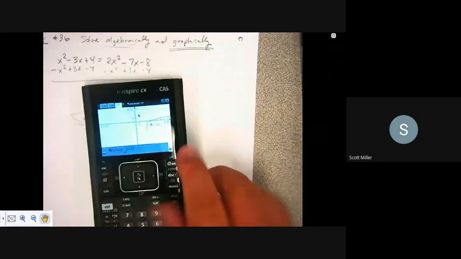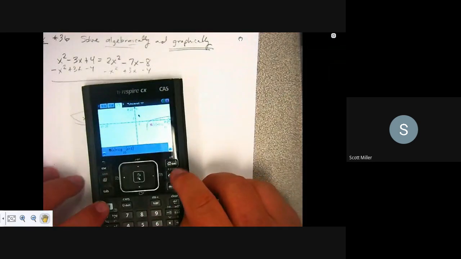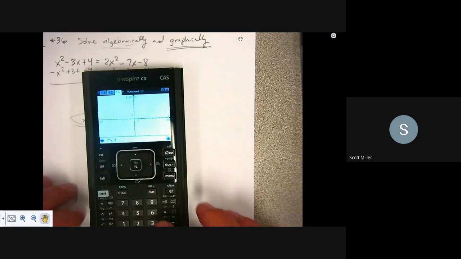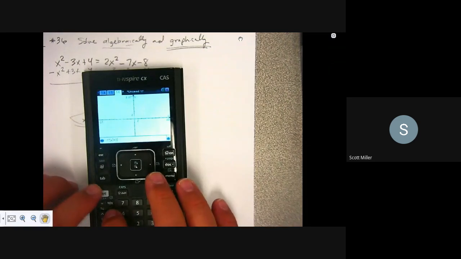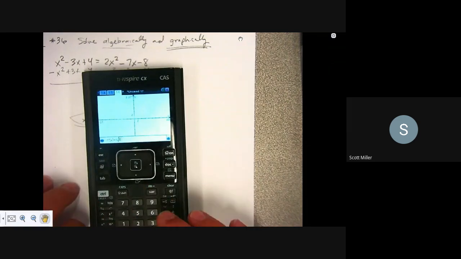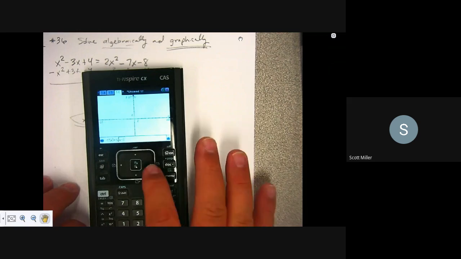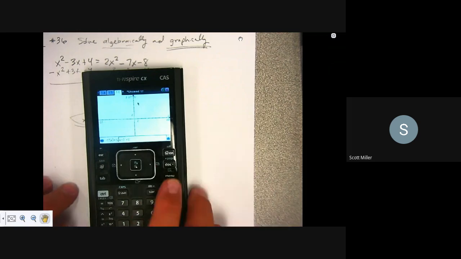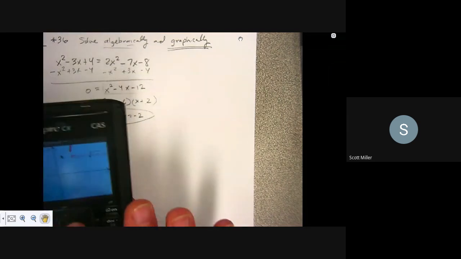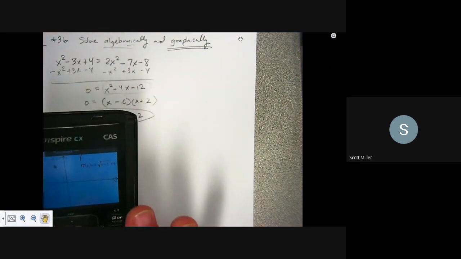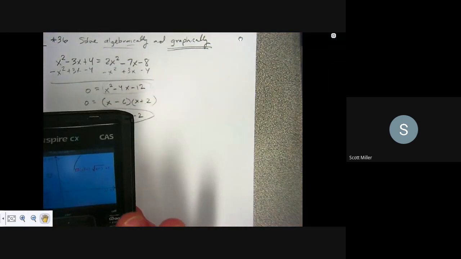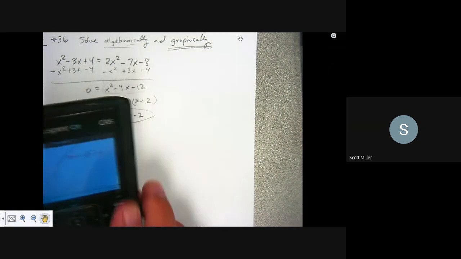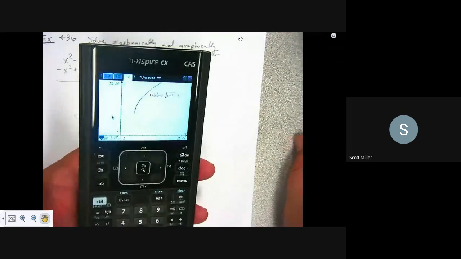And here's another one I want to look at. See if I can get this one without messing up on me. So now we have that graph.